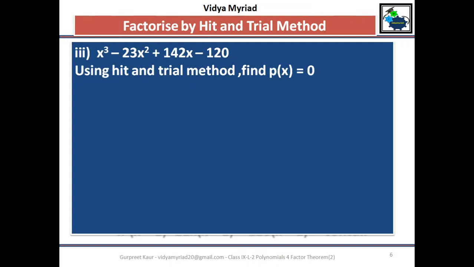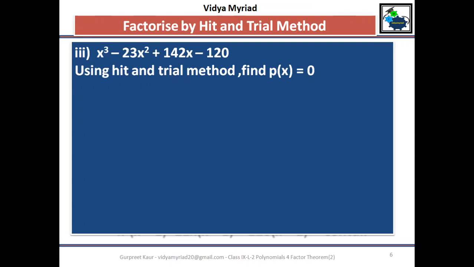Now what I will do is, let me put various numbers one by one and find out where I will get 0. Like we used to do earlier, like we put the value of x in the equation and find out the answer. Now I will be assuming here, let x is equal to 1.